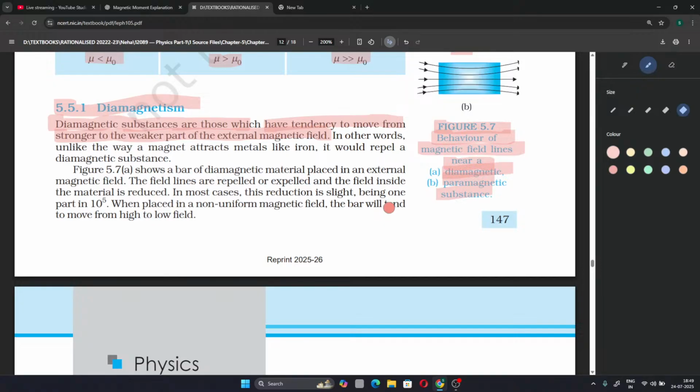As more field lines will be going from there, it will get repelled because a north pole is generated in the diamagnetic substance, meaning they will go to the weaker part of the field. In other words, unlike the way a magnet attracts metal like iron, it would repel a diamagnetic substance. But it is okay to remember that these substances have a tendency to move from stronger to weaker part of the external magnetic field.